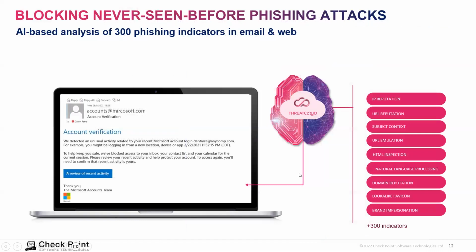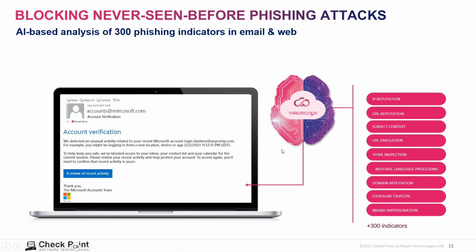So in this example we see here, here's an email, comes from accounts at Microsoft, and apparently this person has been blocked from access, but if they click here, everything will be sweet.